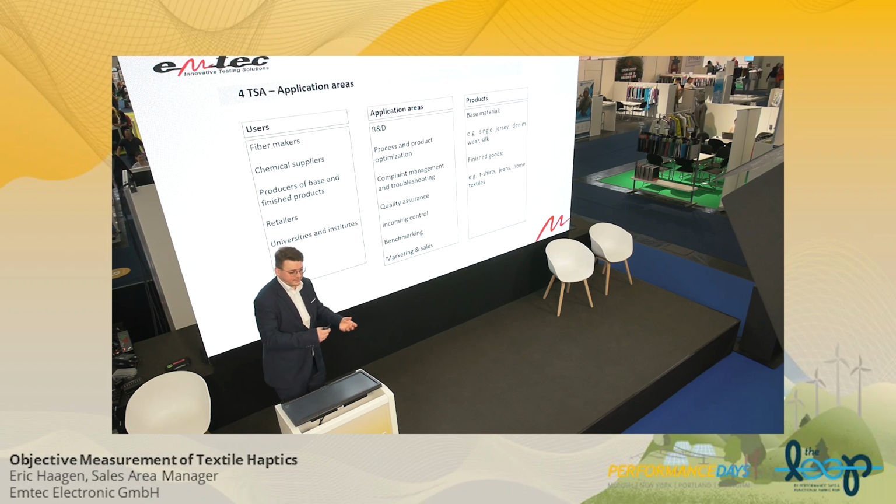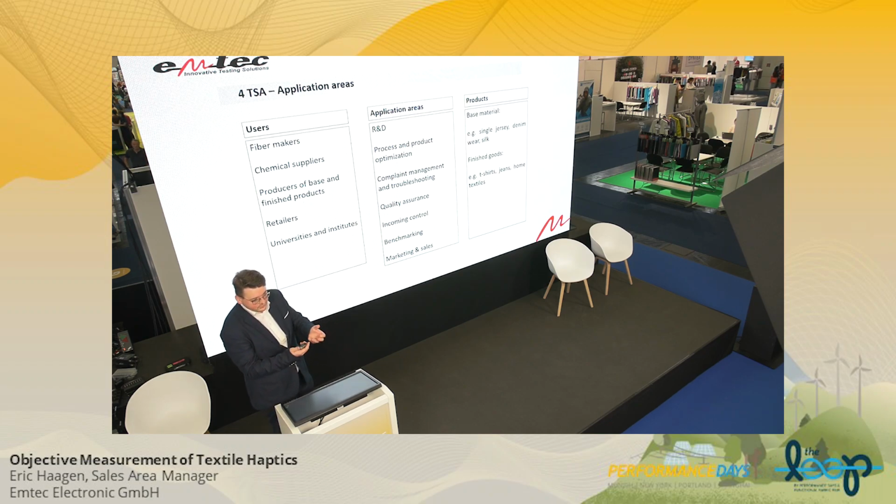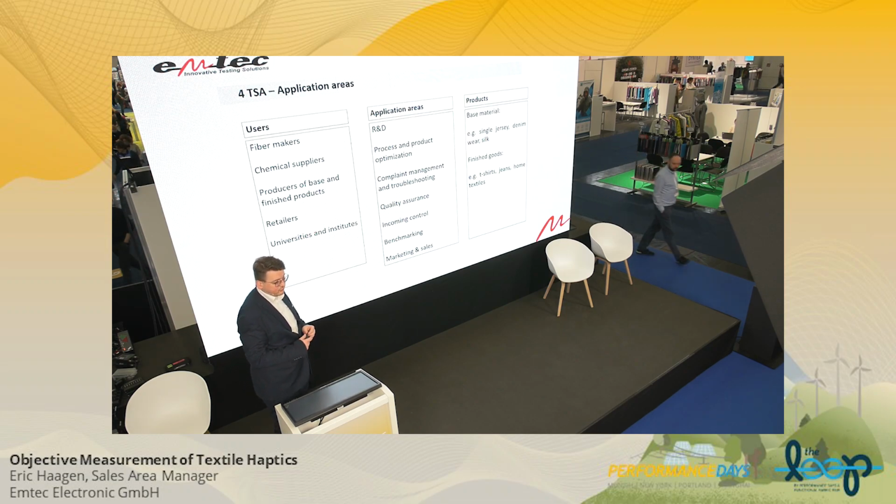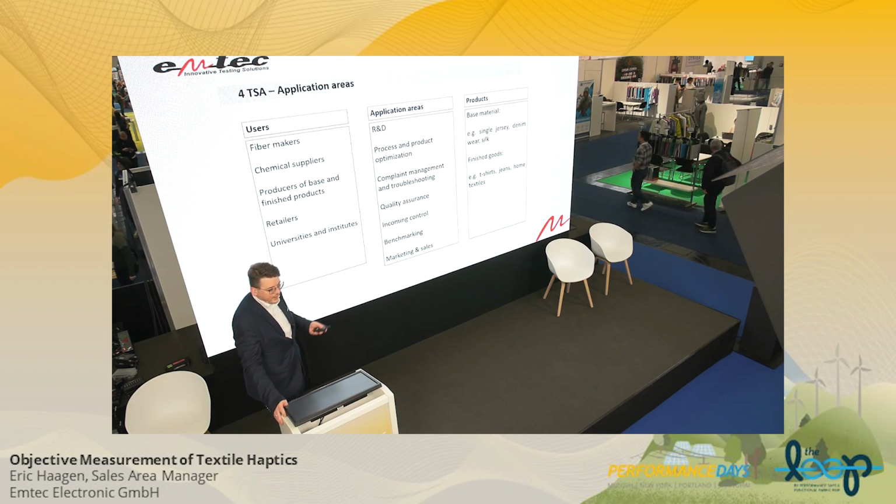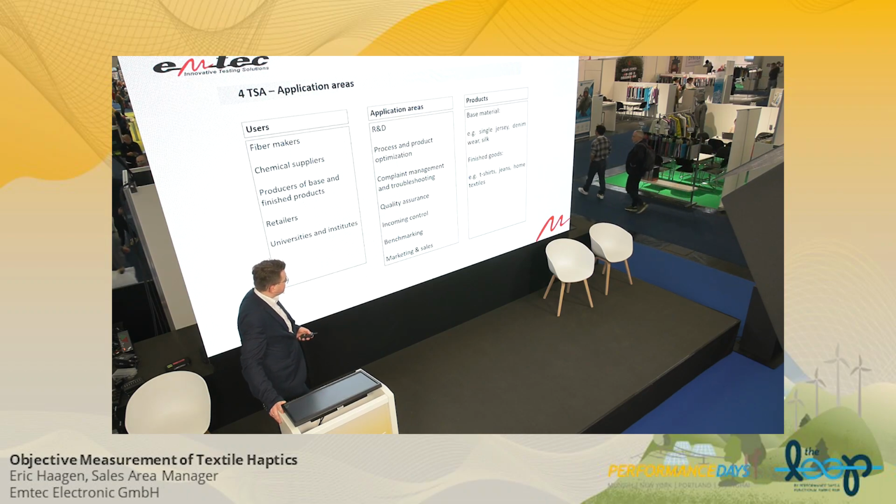It is a good quality, but because the human hand always feels subjectively, it makes these conversations very complicated. And with our objectively measured values, even the customer and the supplier have reliable values to rely on. It could also be used as an incoming control tool for marketing and sales whatsoever.